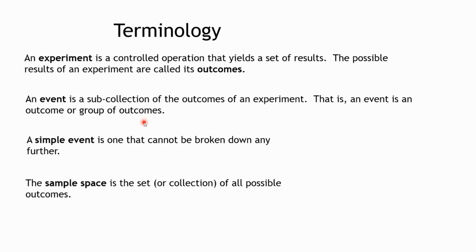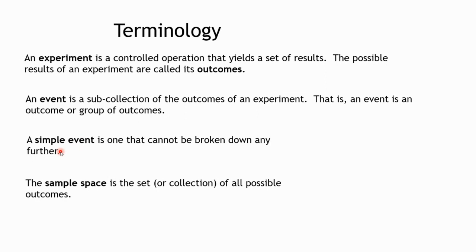In fact, for that event of rolling less than a 3, you could get either a 1 or a 2. You could break that up, in other words, into smaller outcomes. That brings up this idea of a simple event. A simple event is one that you cannot break down any further.